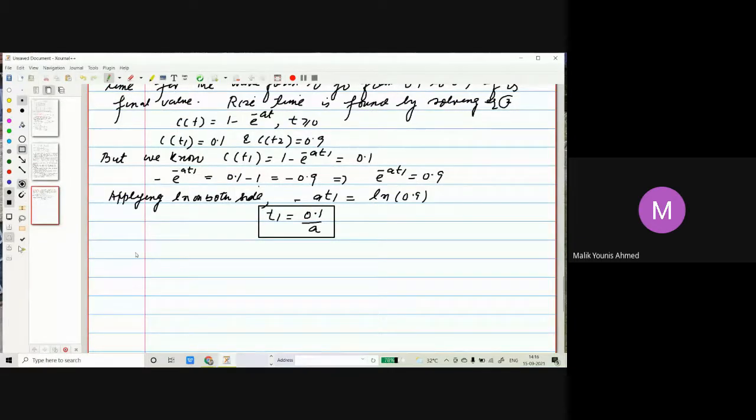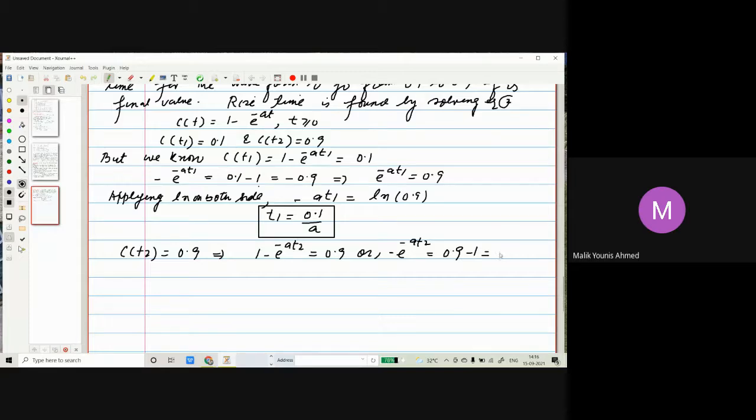Then for the second response we have C of t2 equivalent to 0.9. We know this, so we can write it. C of t2 will be equal to 1 minus e raised power minus a t2, which is equivalent to 0.9, or e raised power minus a t2 will be 0.9 minus 1.